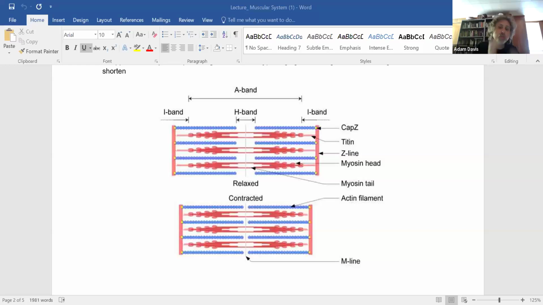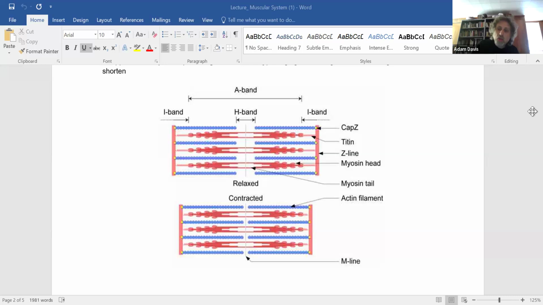So it's all well and good to say that's what is happening. That's the physical action that's taking place. That is our movement of thick filament overlapping thin filaments to make a muscle act. But what's actually taking place? How does it occur? That's the thing we need to talk about next.